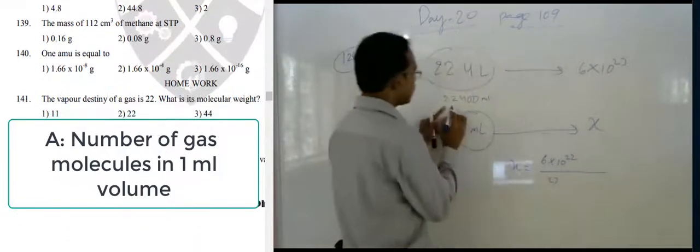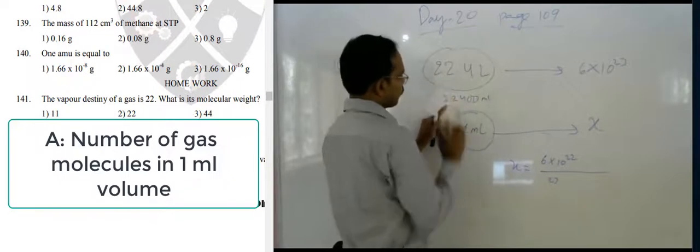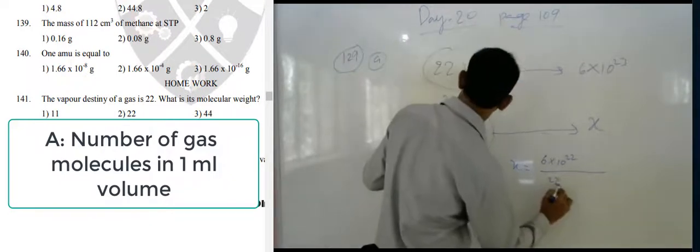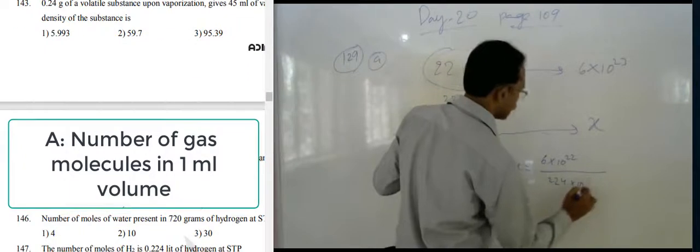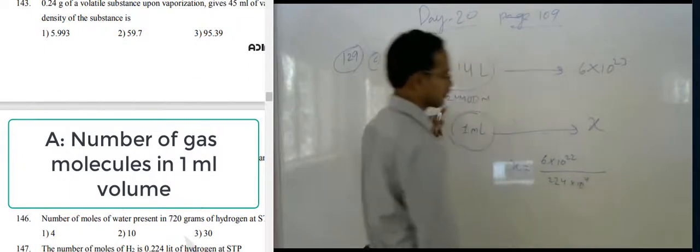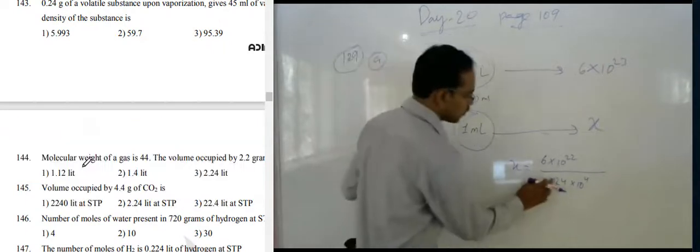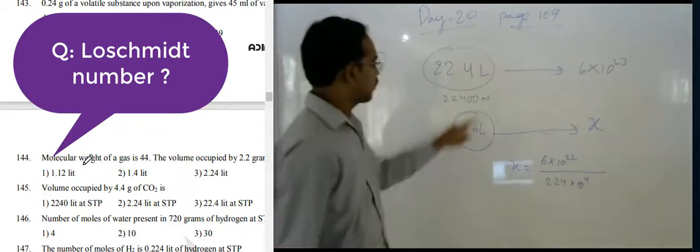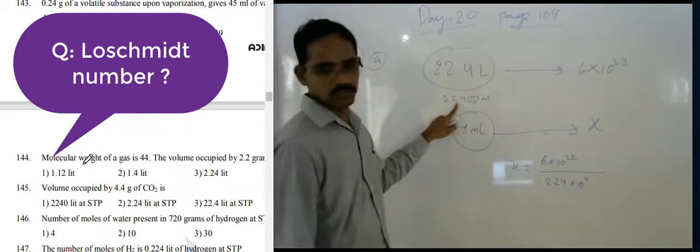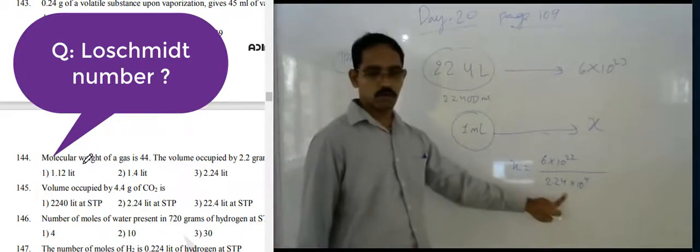So I can write it here 1, 2, 3, 4 digits, 2.24 into 10 power 4.